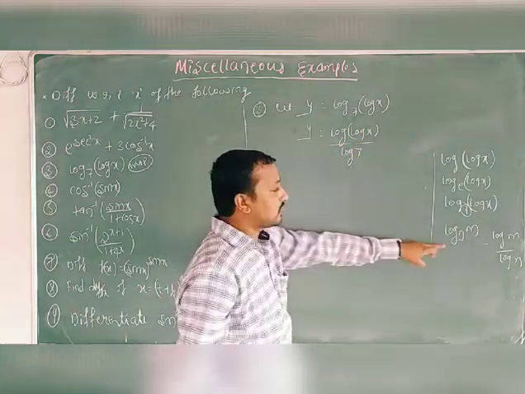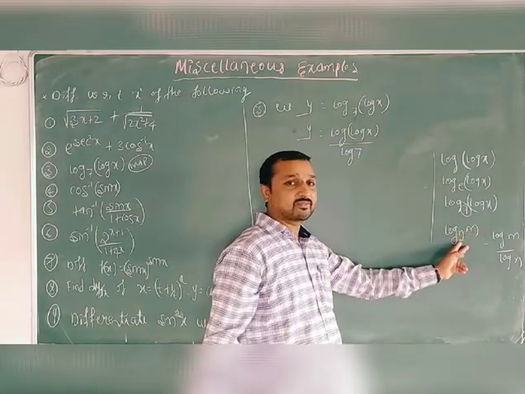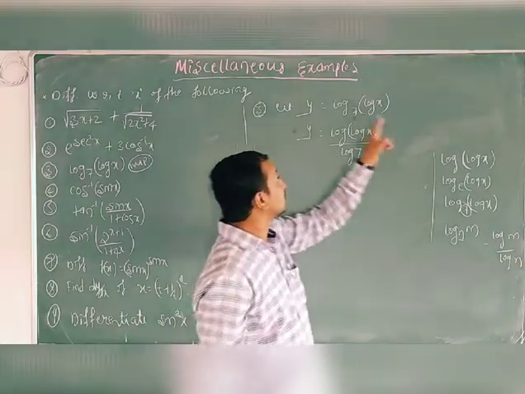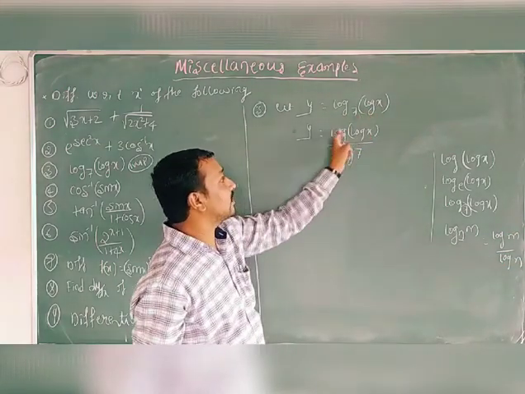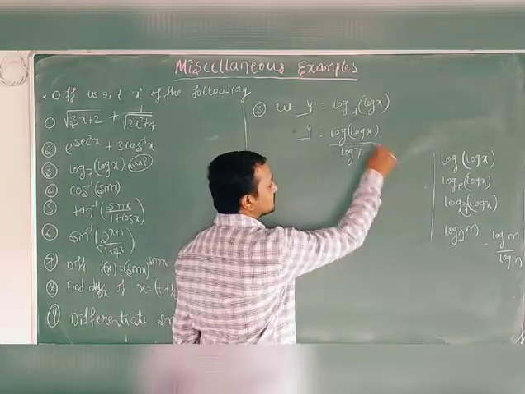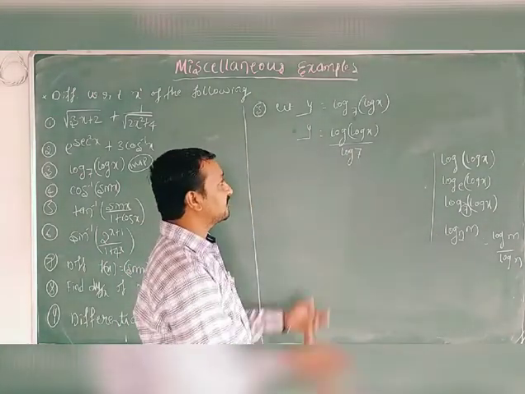Is that clear? Log of m to the base n can be written as log m divided by log n. Very simple it is. So this property is very important. Example is over.